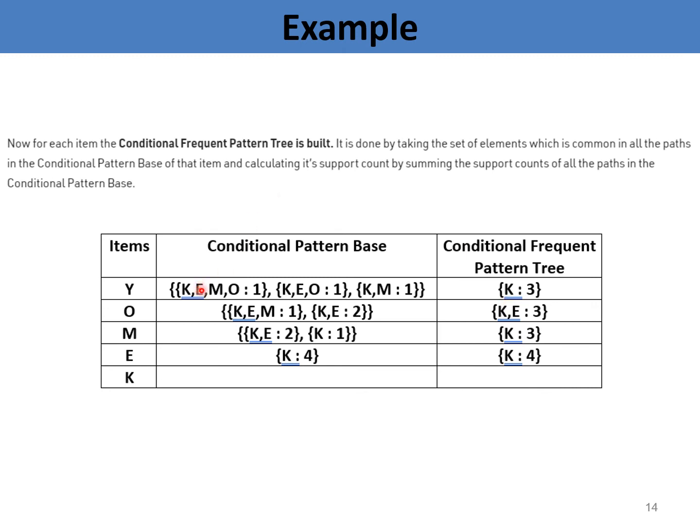Like what is common in these 3 conditional pattern bases? So only K is common over here. M is not common. So K is common, and the support count is 1, 2, 3. So 3. And next, what is common? K is common with support 3, and next K is common with support 3, and next is K only, and support is 4.